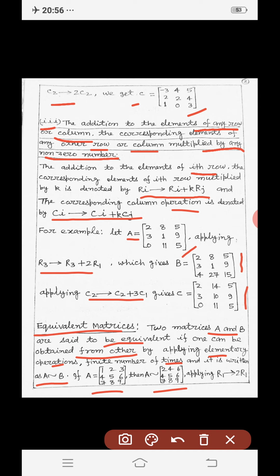Here we applied operation R1 changes to 2R1.